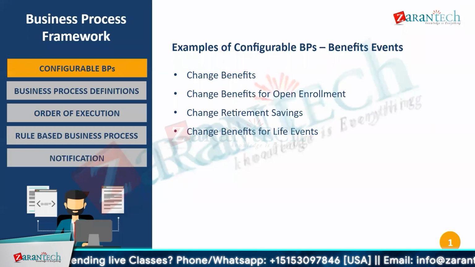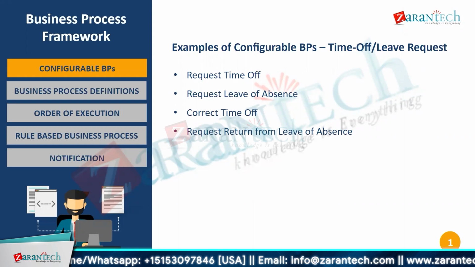Examples of configurable business processes for benefit events are change benefits for open enrollment, change retirement savings, change benefit for life events. Examples for time off and leave requests are request time off, request leave of absence, correct time off, request return from leave of absence.